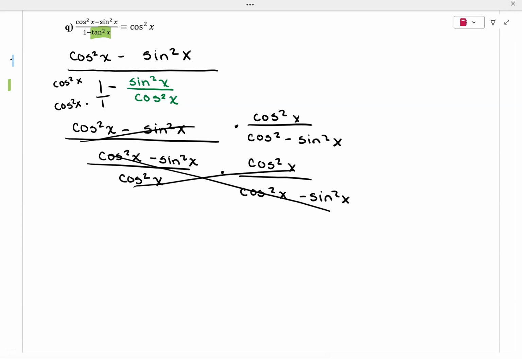Okay, but notice these cancel. Notice how I caught that, because now we're left with just cosine squared x, which is exactly what we needed. So we actually didn't need to change the sine squared on that one, but notice how I caught that to make it a lot more simple.